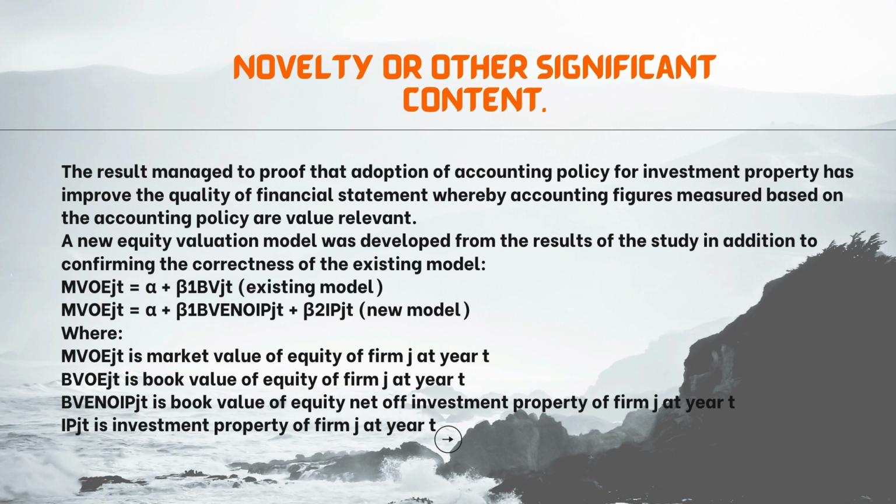So this is the new model where MVE_JT is market value of equity of firm J at year T, BVE_JT is book value of equity of firm J at year T, BVENOIP_JT is book value of equity net of investment property of firm J at year T, and IP_JT is investment property of firm J at year T.